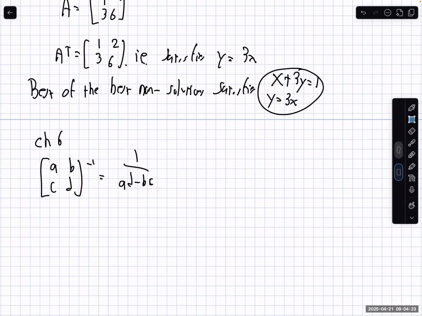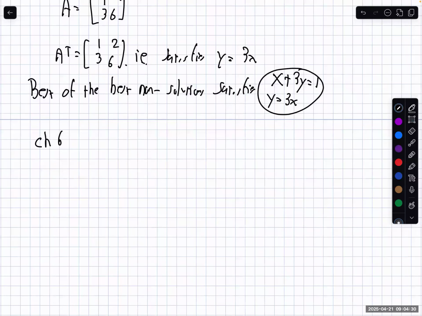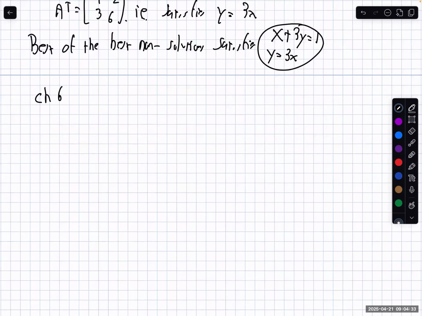Let's see, let's back up for a minute. Okay, so remember in chapter 1, let's call this the chapter 6 overview, we looked at the dot product as a perpendicular detector.